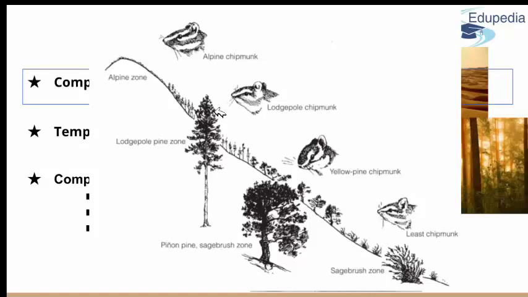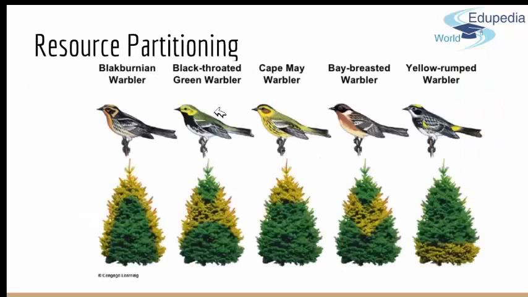Okay, so let's go further. This is a nice example of resource partitioning, and it's also related with the zonation and niche story from the previous slide. So many species that share the same habitat coexist by partitioning available resources.